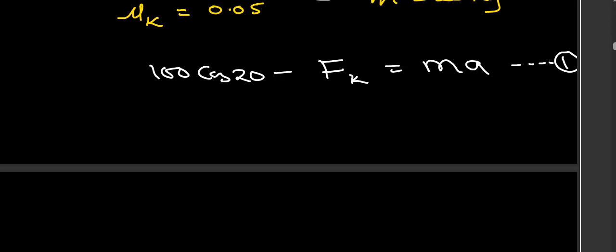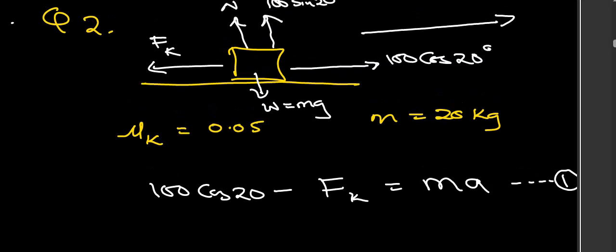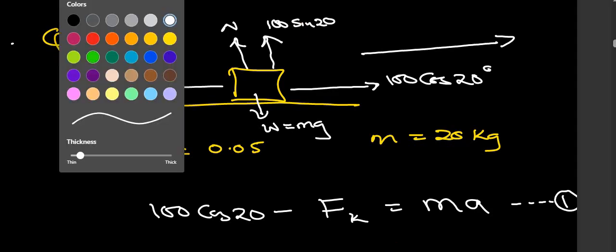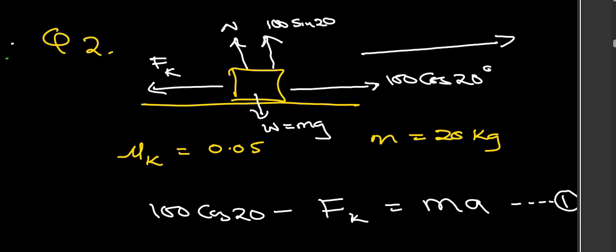And the equation in the y that we're going to make is that we have the normal force here, the force with which the ground is pushing on the box upward. Then there's a y component here. So we say the forces acting up are equal to the forces acting down.